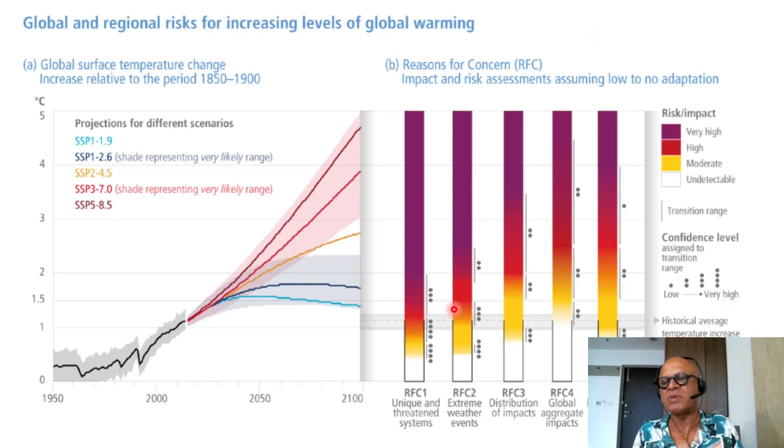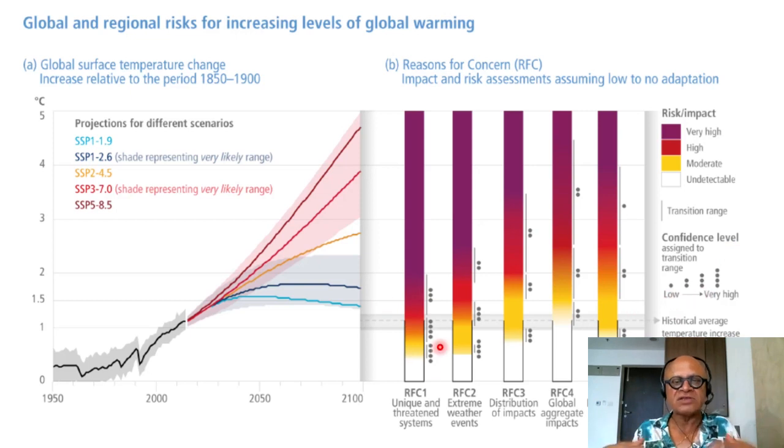The convention here is, of course, that risk is very high in the reddish colors, high in the lighter red color, moderate in the yellow color, and undetectable in the white regions. There is a transition range, and assigned confidence levels to the transition go from low to very high.